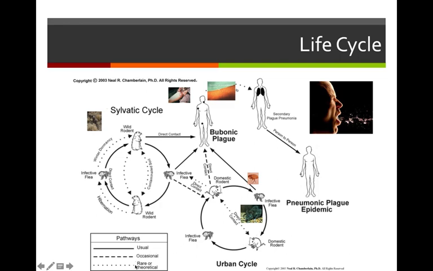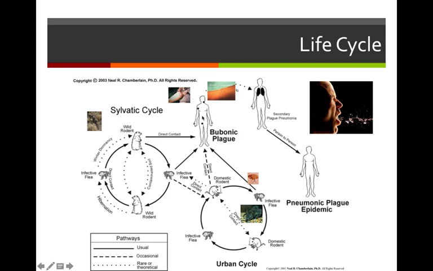But that's considered to be rare, especially rodent to rodent. Rodent to person, direct contact is usually occasional. The typical route is through the bite of a flea. And that's when we see patients get the bubonic plague.